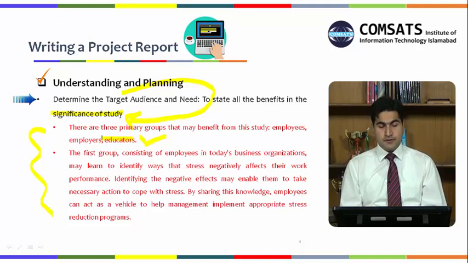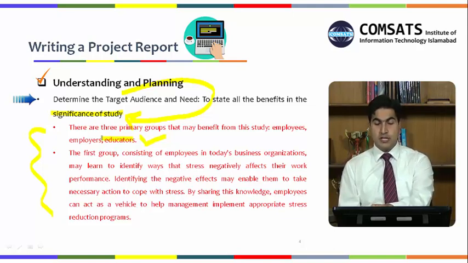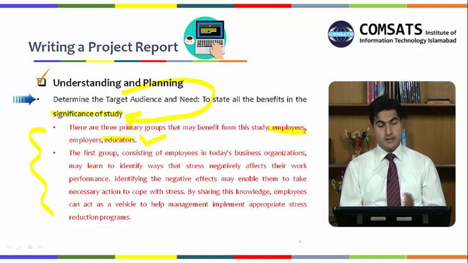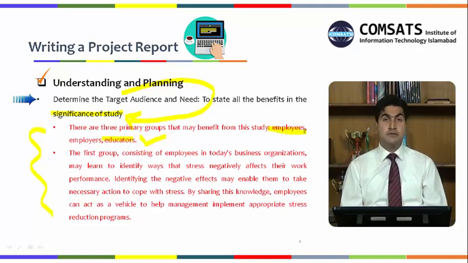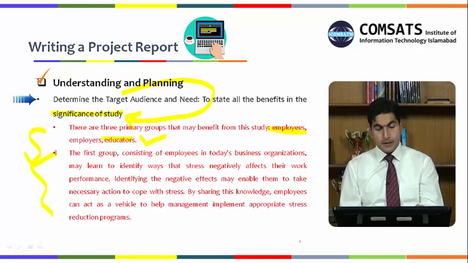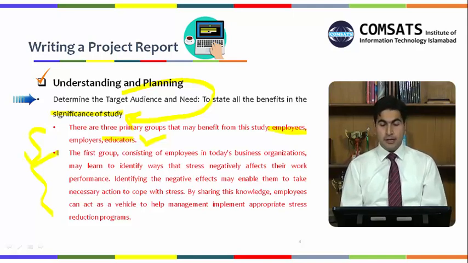Just the reference of the first group, of course, talking about the employees, look at the way how they are going to get the benefit as written within the significance of the study. The first group over here, consisting of employees in today's business organization, may learn to identify ways that stress negatively affects their work performance.